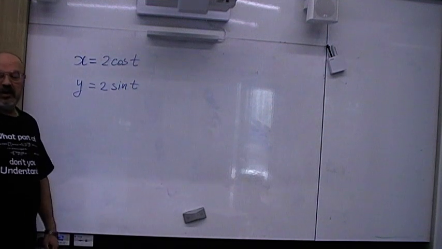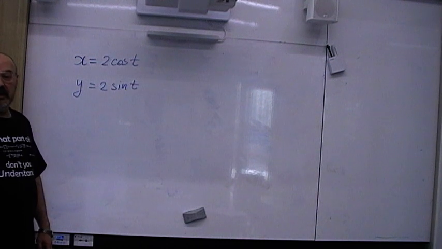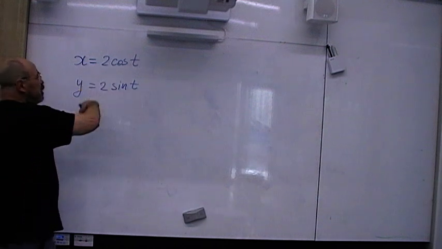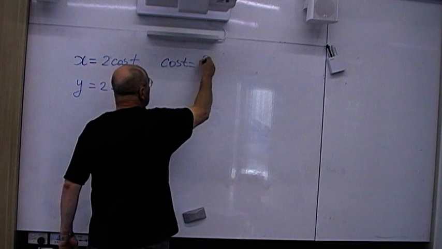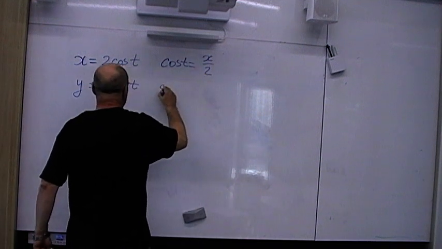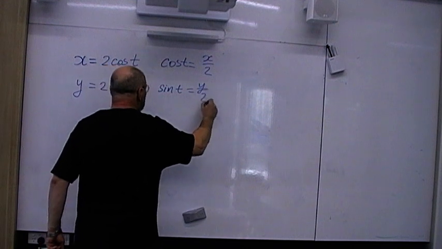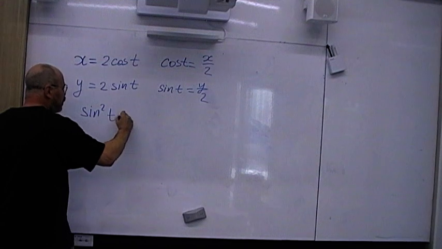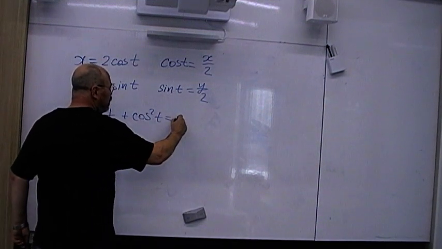To find the equation relating x and y, we can use the Pythagorean identity, that cos squared plus sin squared equals 1. We just need to express cos t as x over 2 and sin t as y over 2, and then sin squared t plus cos squared t equals 1.